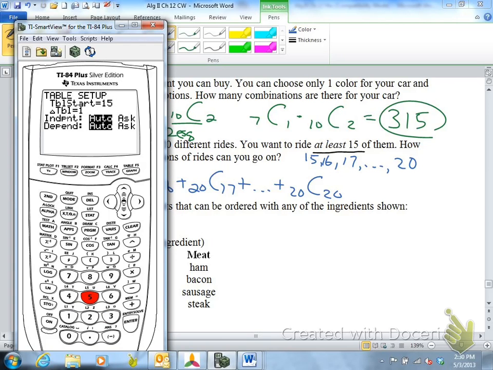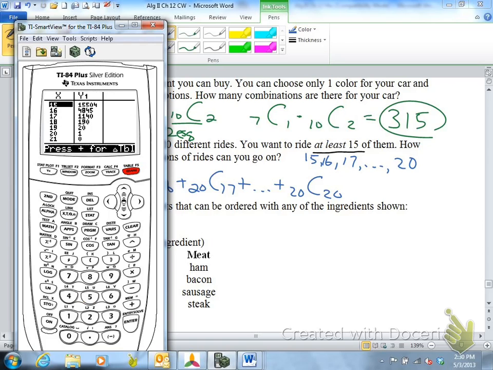Delta table is what you count by. So when you go to second graph, here's 15: 20 choose 15, plus 20 choose 16, plus 20 choose 17, plus that, plus that, plus that. So you could add those numbers, and then you would get the answer.